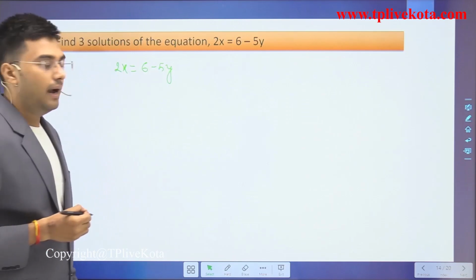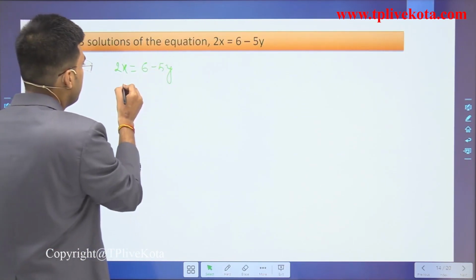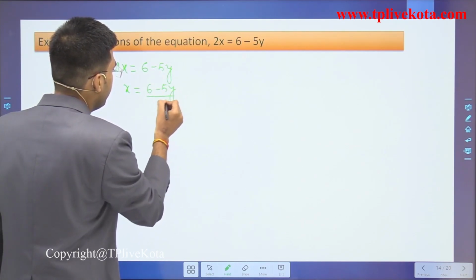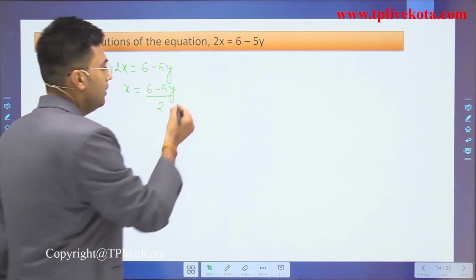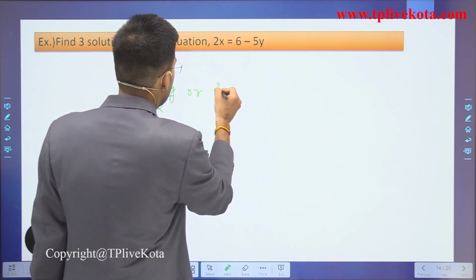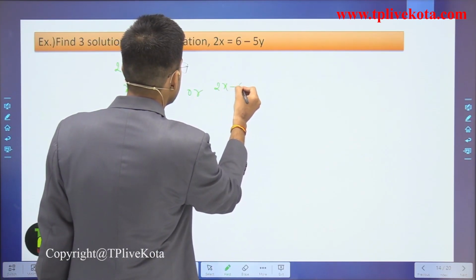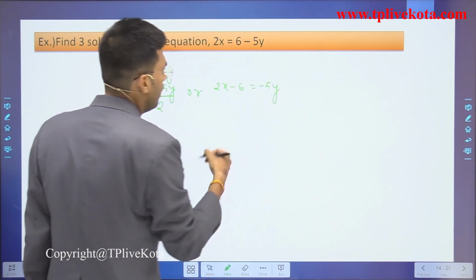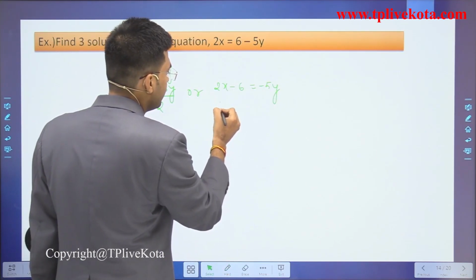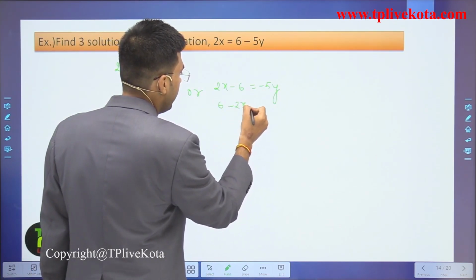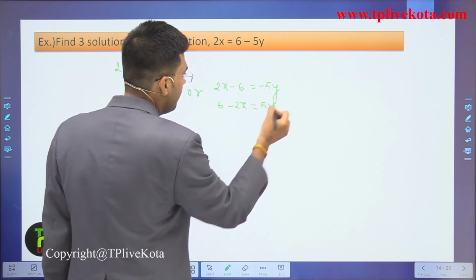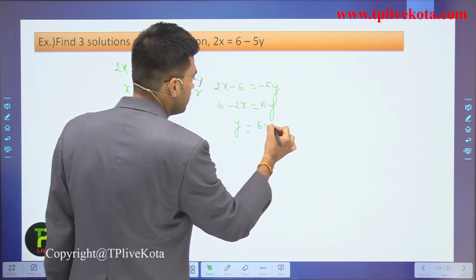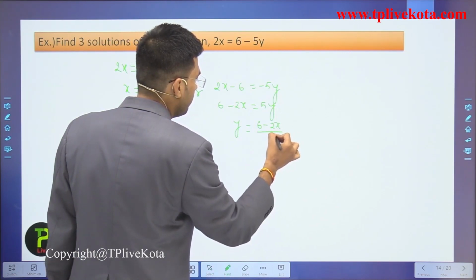We can write it as x is equal to (6 minus 5y) divided by 2, or we can write it as 2x minus 6 is equal to minus 5y, or we can write it as 6 minus 2x is equal to 5y, and from here we can write y is equal to (6 minus 2x) divided by 5.